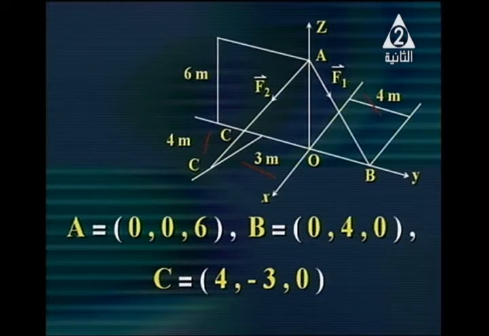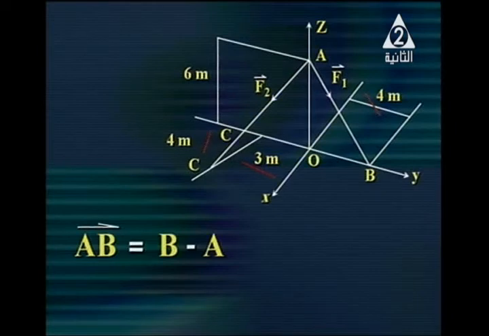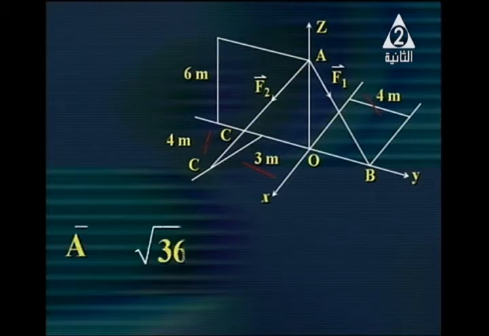Point C, look at, we have 4 in x, negative 3 in y, 0 in z. We find the vector AB by substitution, B minus A, point B minus point A, equals 0, 4, negative 6.